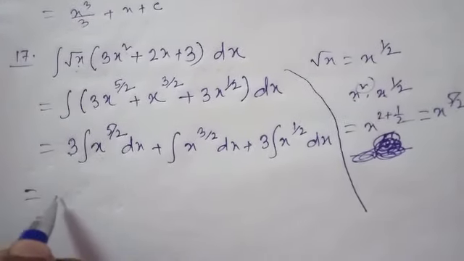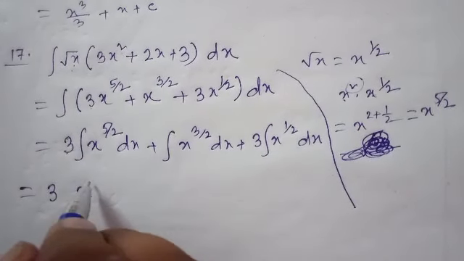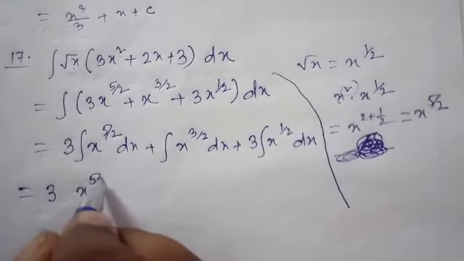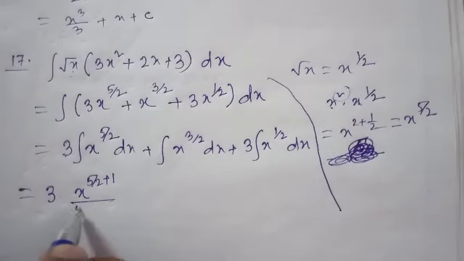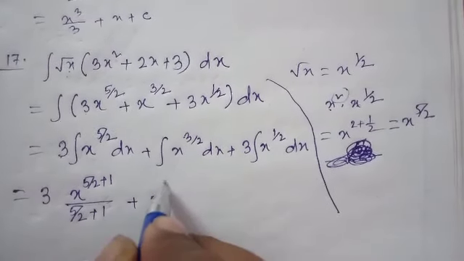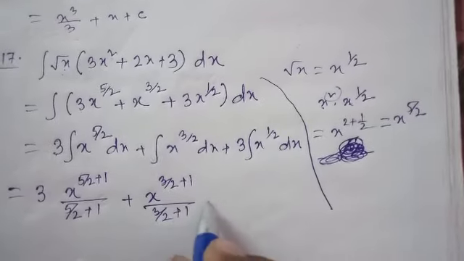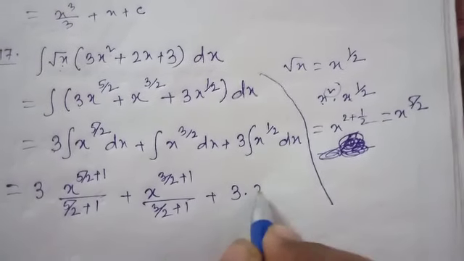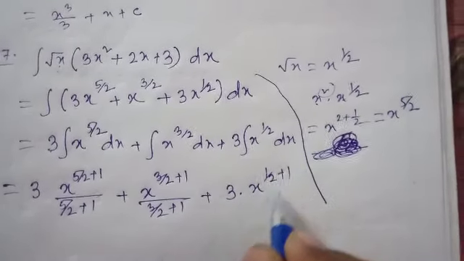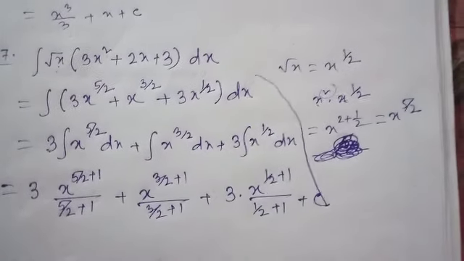Next, that formula we use here: x to the power n plus 1 by n plus 1. Here 5 by 2 plus 1, plus x to the power 3 by 2 plus 1 by 3 by 2 plus 1, plus 3 into x to the power 1 by 2 plus 1 by 1 by 2 plus 1, plus c.